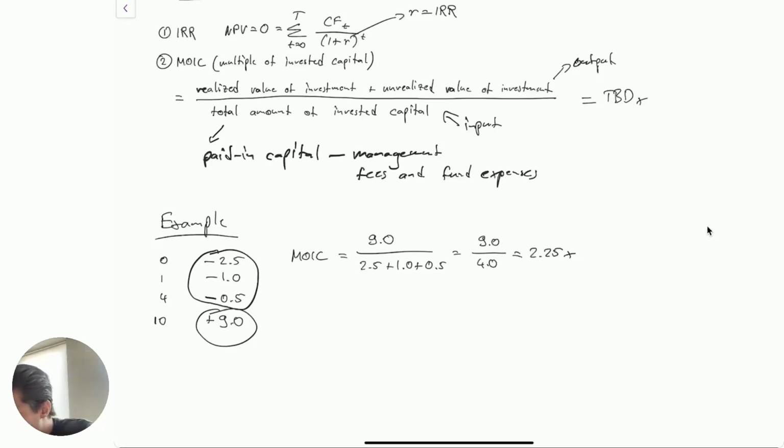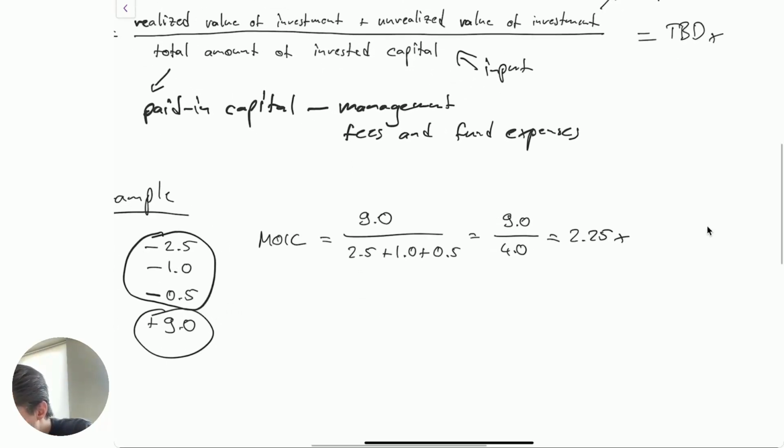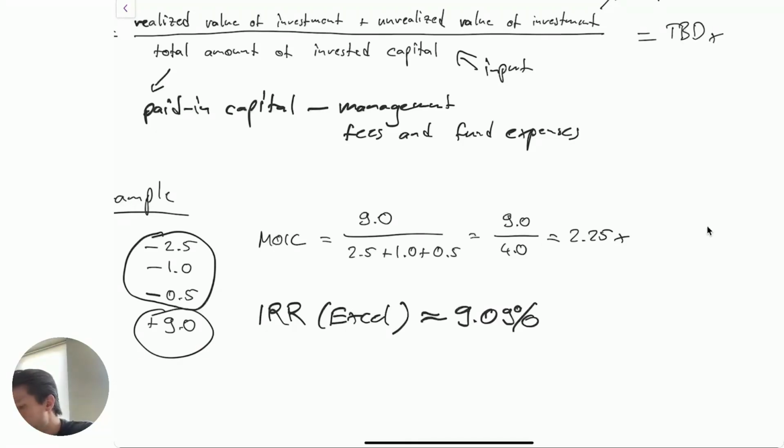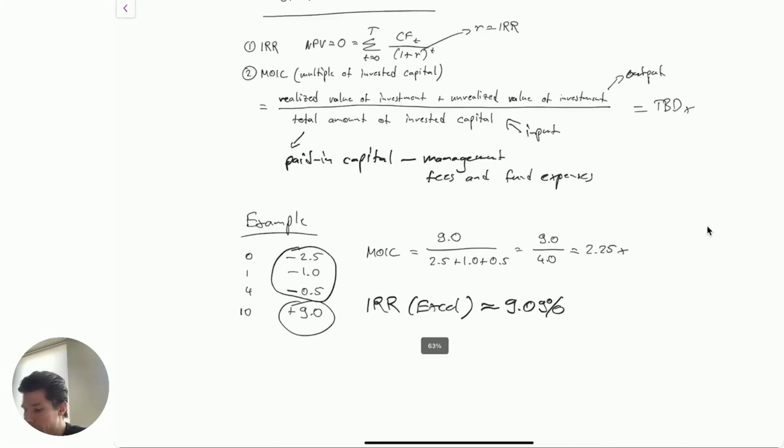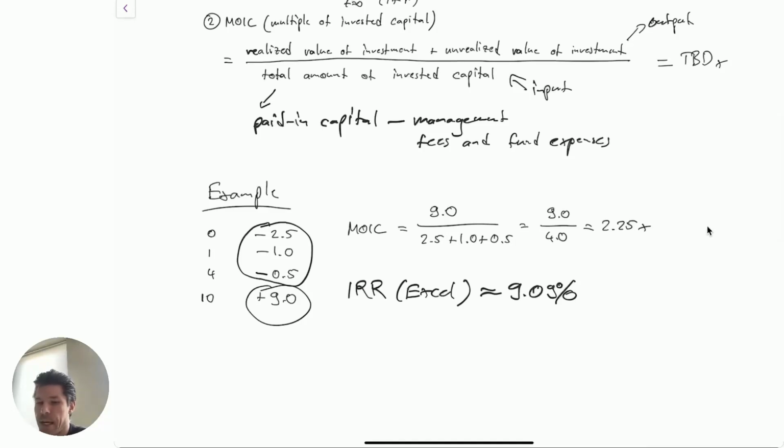If we would use IRR and we would type this into the calculator or in Excel, then we would get out 9.09%. This is the return, internal rate of return of this cash flow pattern. So when you think about IRR, always think about that's the return when looking at this cash flow pattern.